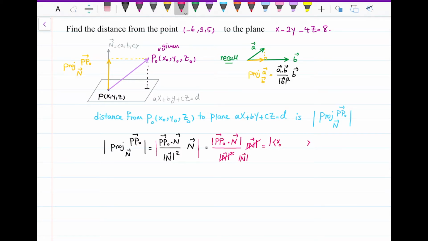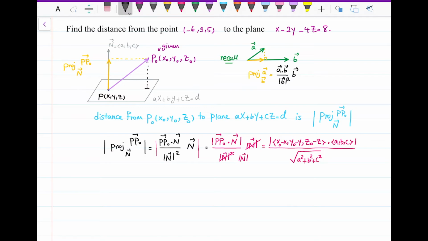So it would be x0 minus x, y0 minus y, and z0 minus z. This is P0. That n, the normal vector, has these coordinates a, b, c, and it's over the length of n. The length of the vector n would be square root of a squared plus b squared plus c squared.